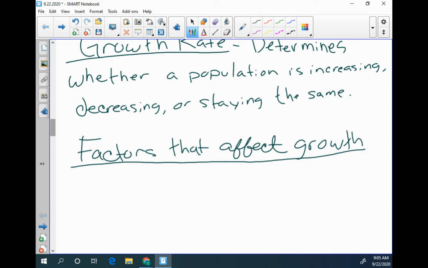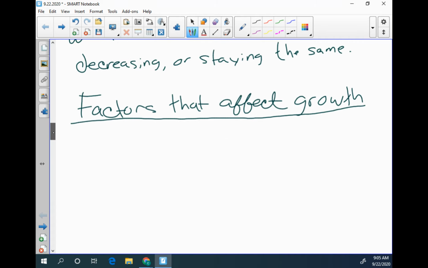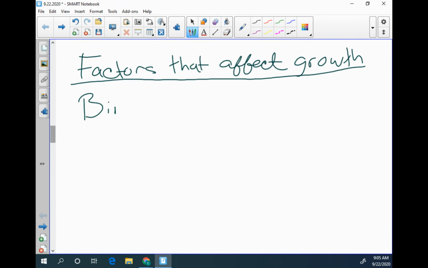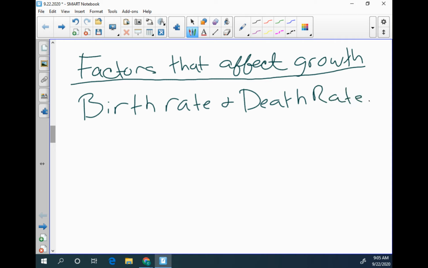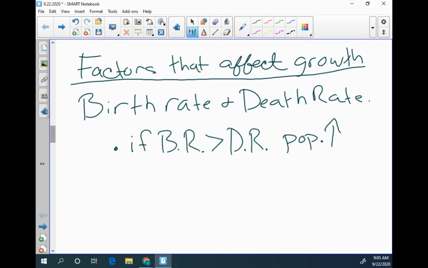Factors that affect growth are broken into two groups. The first one is birth rate and death rate. If the birth rate is greater than the death rate, the population will increase.